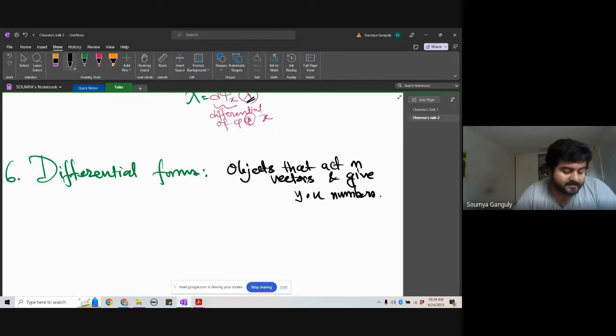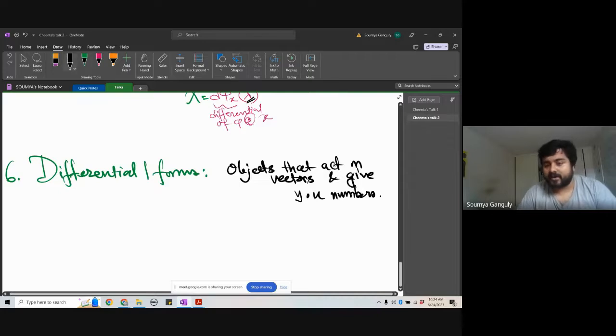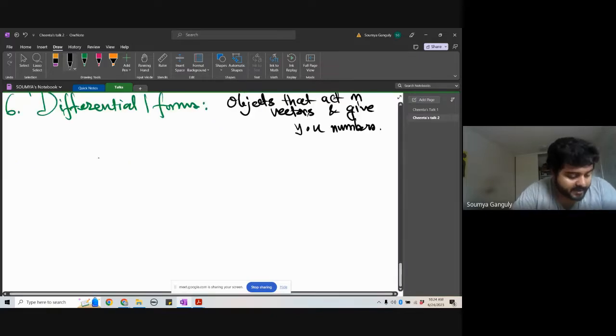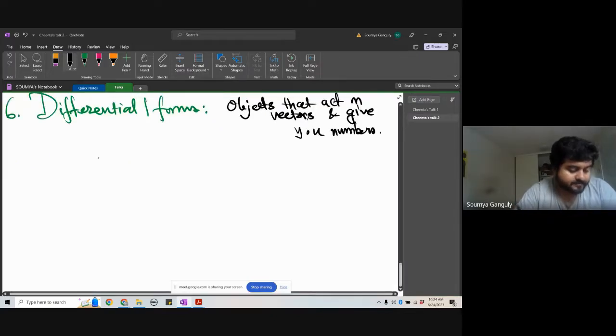What do you mean by that? Let's define differential one forms. Differential one forms are objects that act on vectors and give you numbers. So let's give you an example.